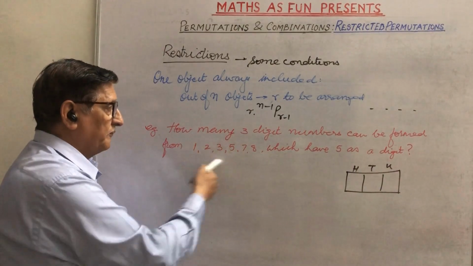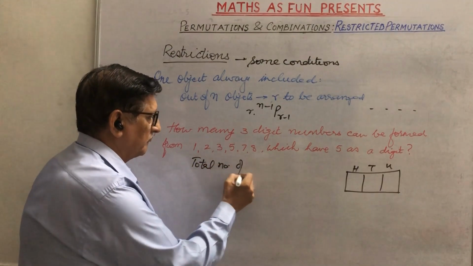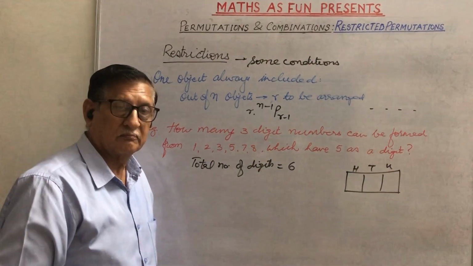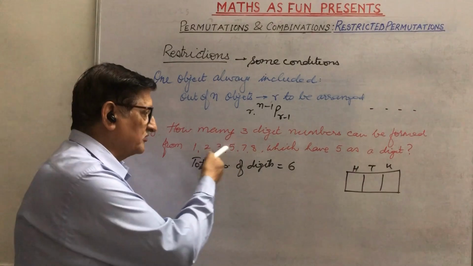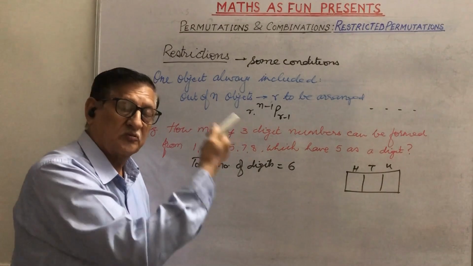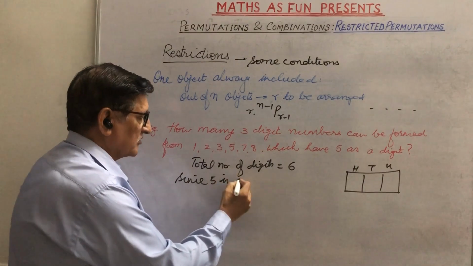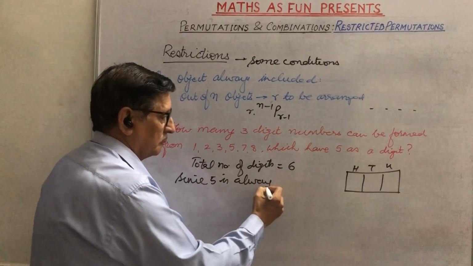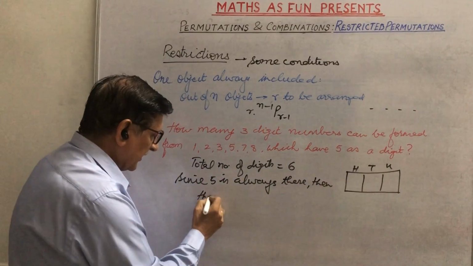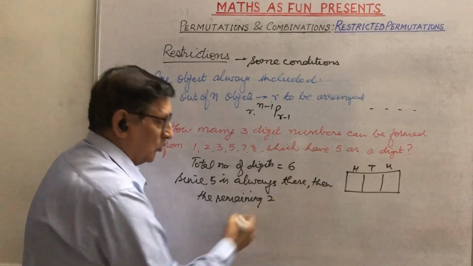Total number of digits we are given is equal to 6. Out of these 6, 5 is to be at any place, or this is to be always there. Since 5 is always there, then for the remaining we need only 2 places.